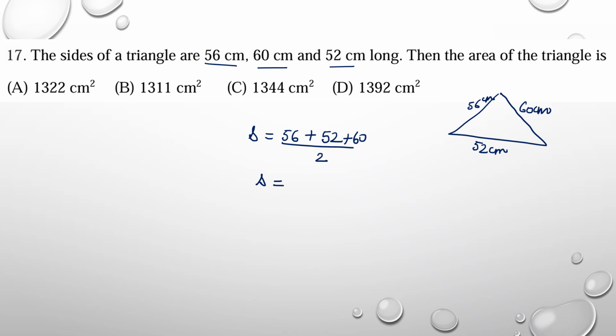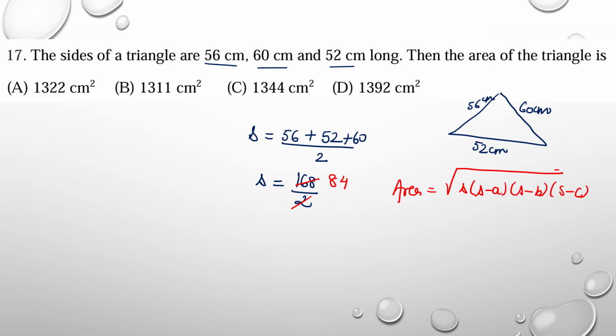So S will be 168 by 2, that is 84. Now area is square root of S, S minus first side, S minus second side, S minus third side. So S is 84.